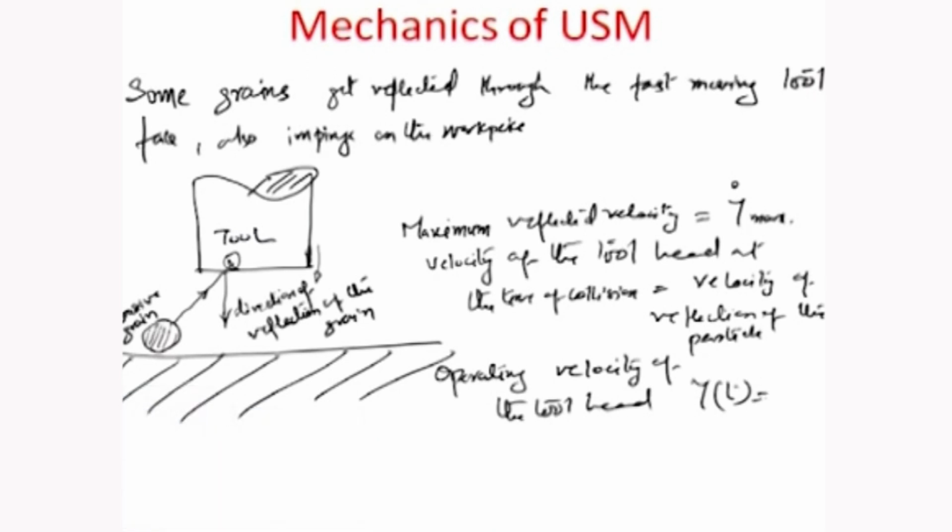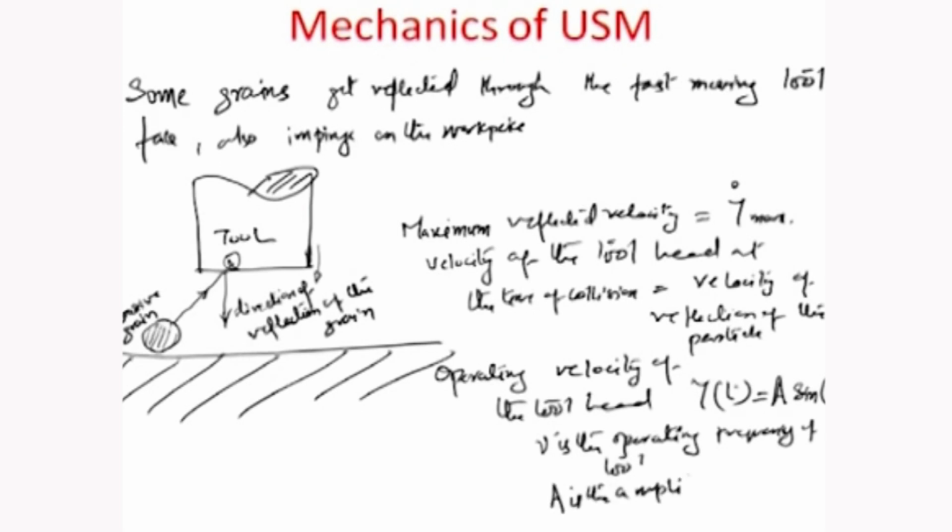So y(t) can be written in form of an equation as the amplitude of motion a times sine 2 pi nu t, okay. Nu is the operating frequency of the tool, and a is the amplitude, and so therefore that is what the equation of motion of the tool head would be, okay.